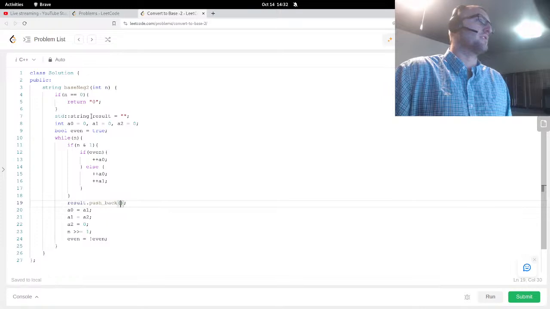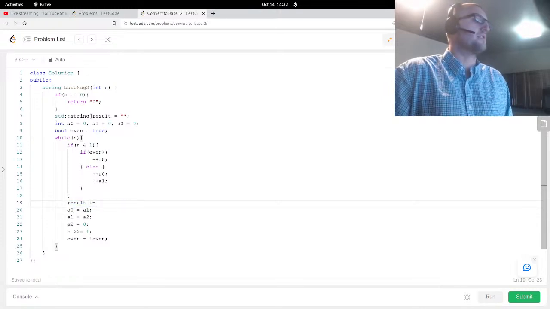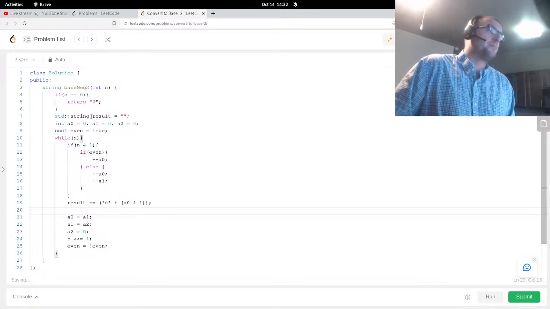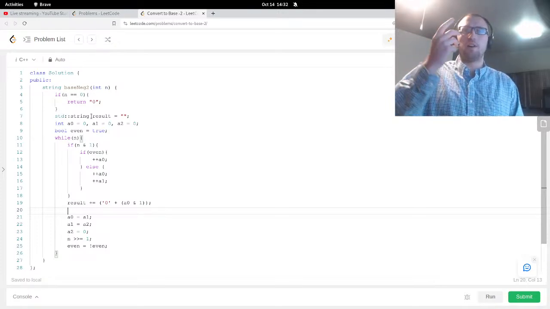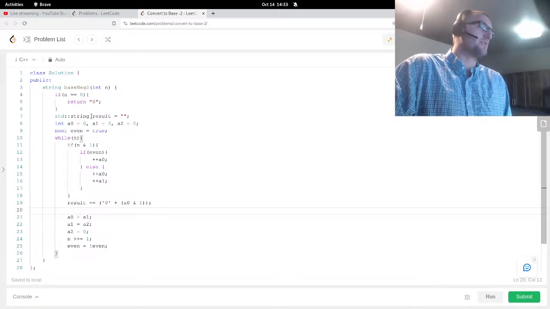It's more like this: 0 plus a0 and 1, right? Okay. Right. So that'll take modulo 2. Dividing by 2 though is a little more interesting.